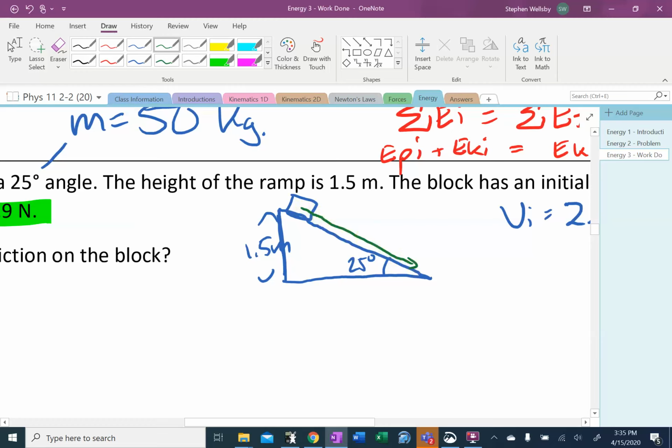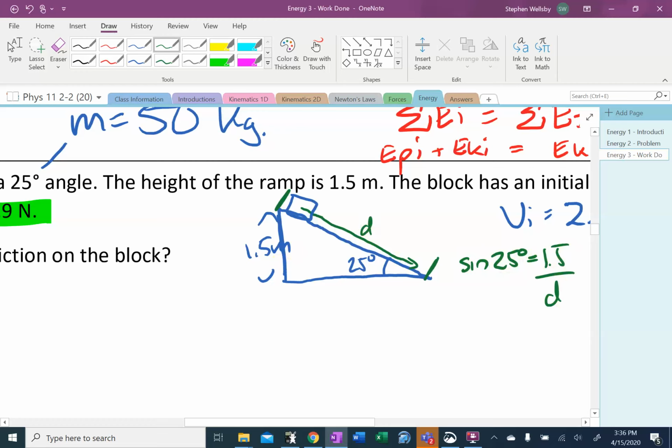This is our displacement, and we can solve for it because we know the angle and we know this height. So it's going to be opposite over hypotenuse: sine of 25 degrees equals 1.5 over the distance.